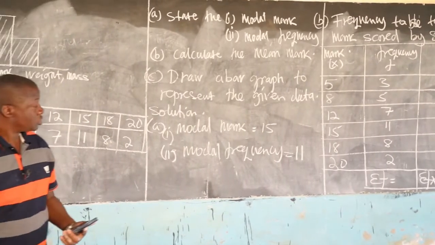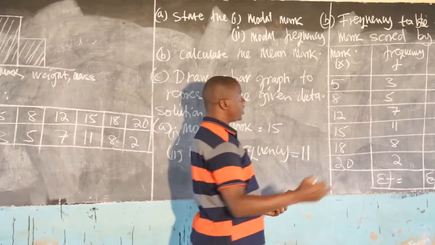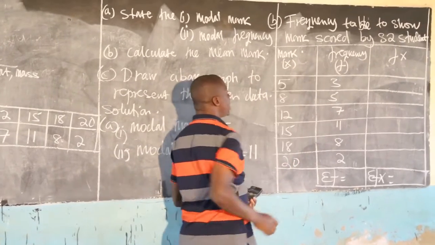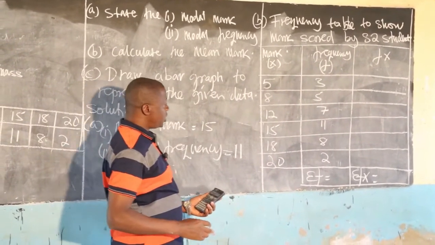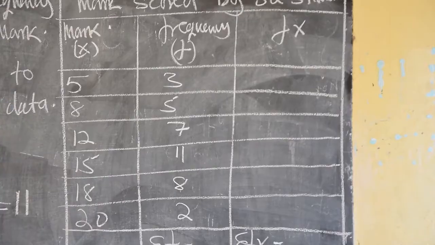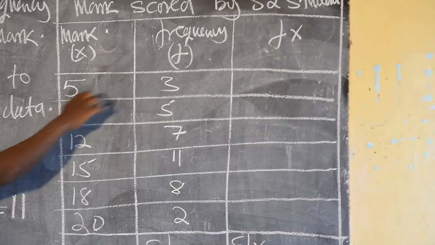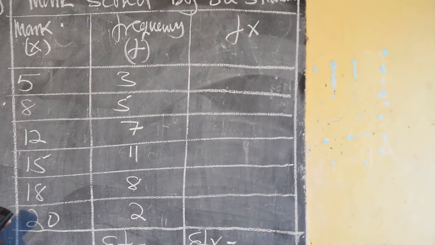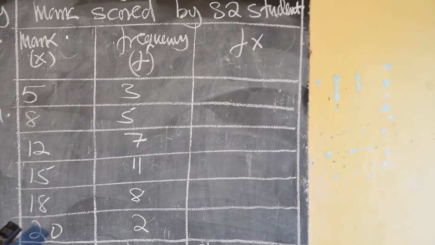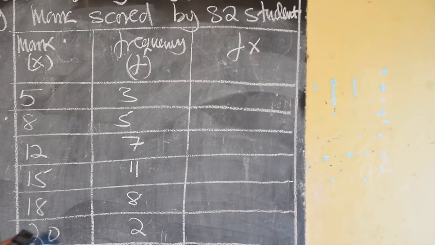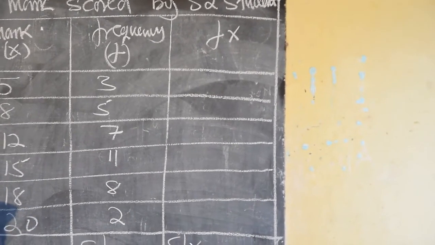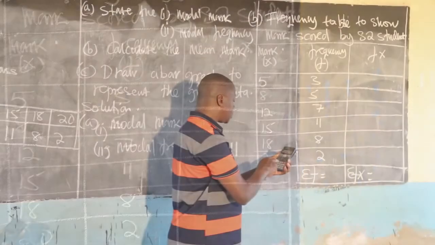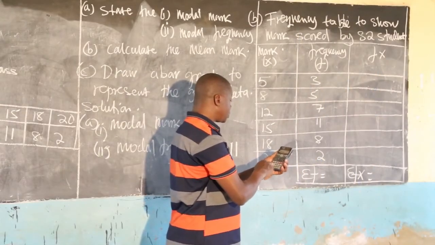We are supposed to multiply frequency times the mark. But before we multiply, let us get a total for summation f. It means that you sum up all the frequencies. We have 3 plus 5 plus 7 plus 11 plus 8, check properly, plus 2.